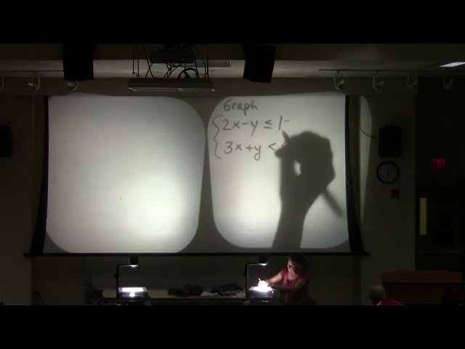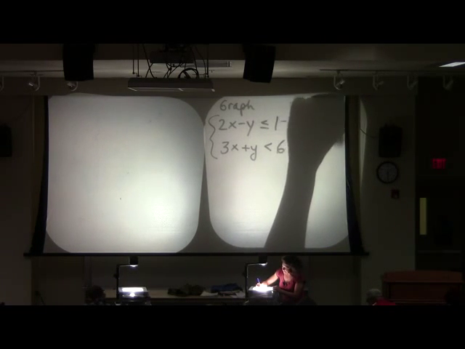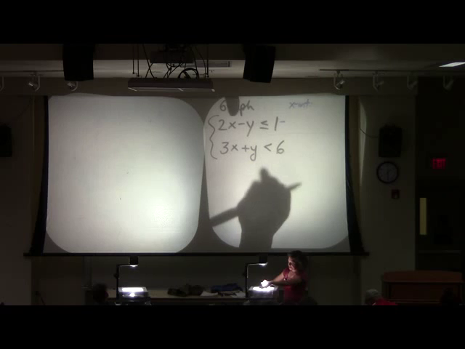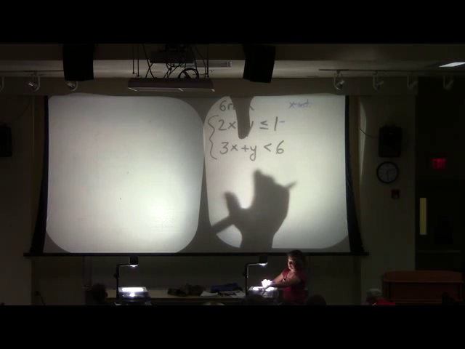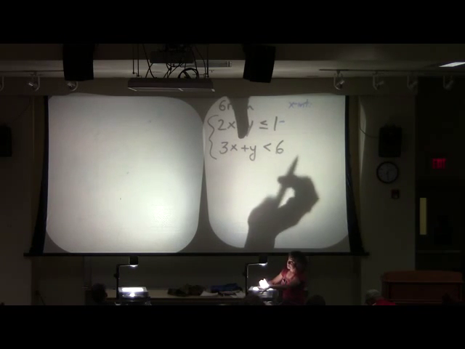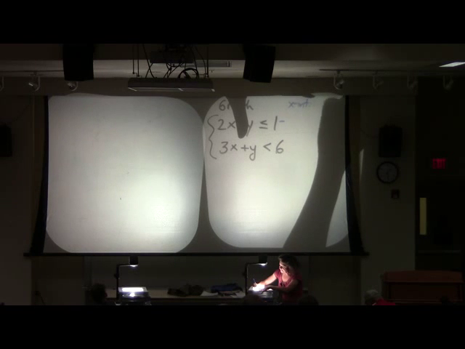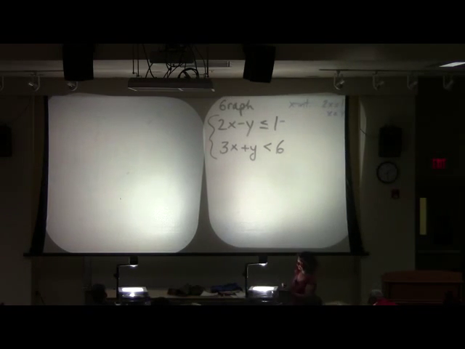Okay? So, if I want to find my x-intercept here, don't I set y equal to 0? Okay? So, aren't I then solving 2x equals 1, or x is a half? Any questions this far? Okay?